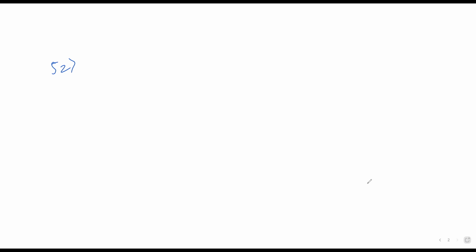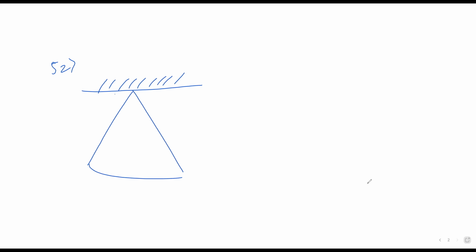So this situation, let us draw with the help of diagram. So let us consider this is the length L, and here the center point, from this distance it is measured by angle theta.